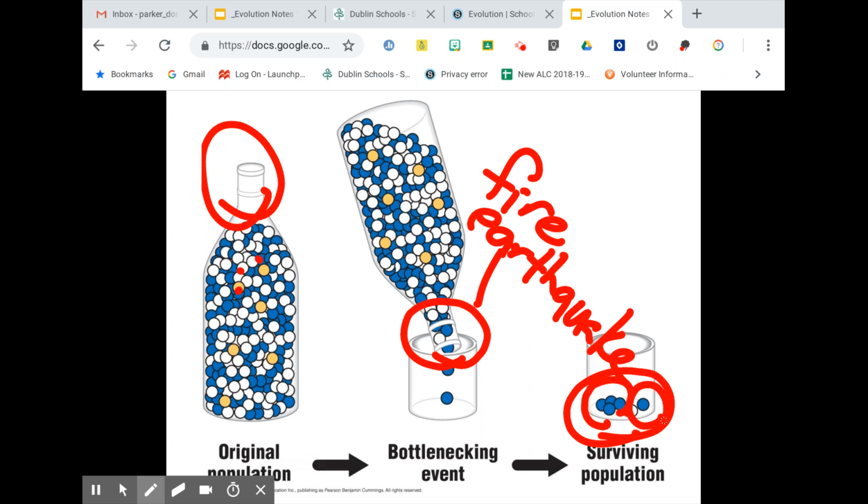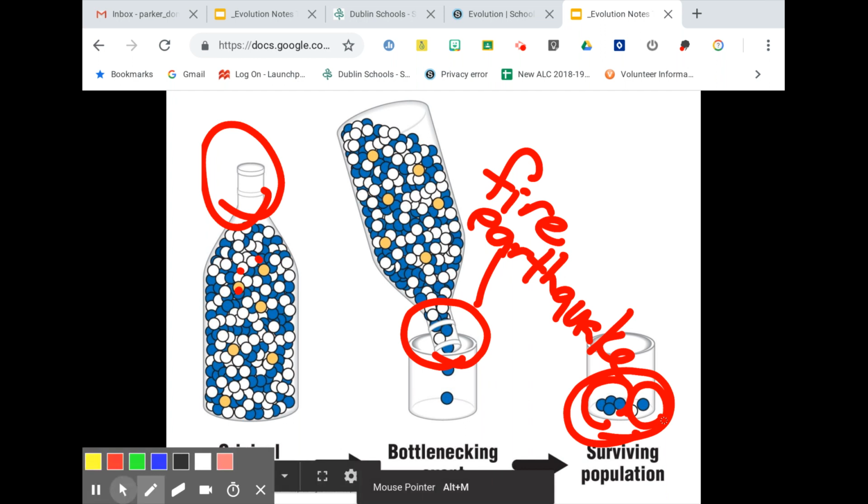And again, it results from organisms being, first of all, population size reduced, and then being pushed into areas where they don't have as much opportunity to interbreed with other organisms from other locations to increase that genetic variability.